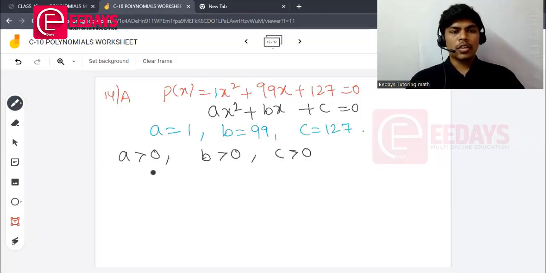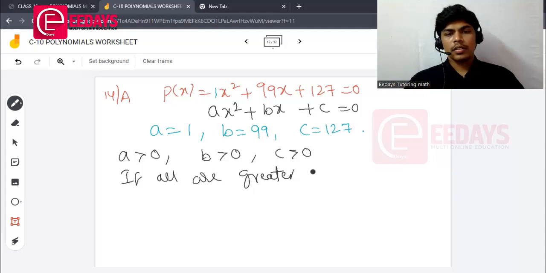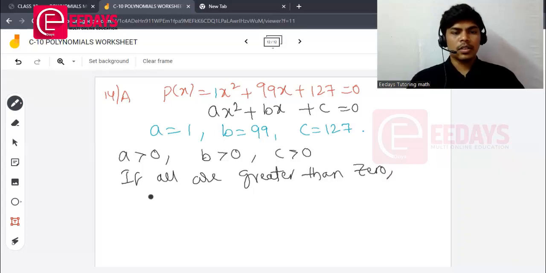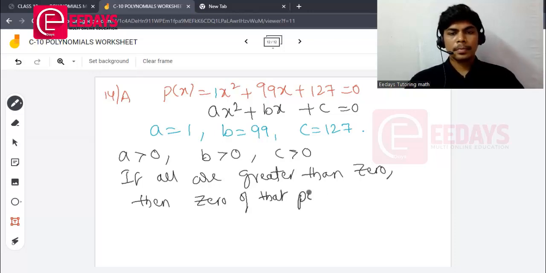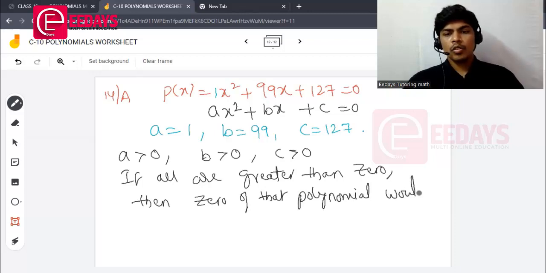If all are greater than 0, generally they are positive numbers, then the zeros of that polynomial would be negative.